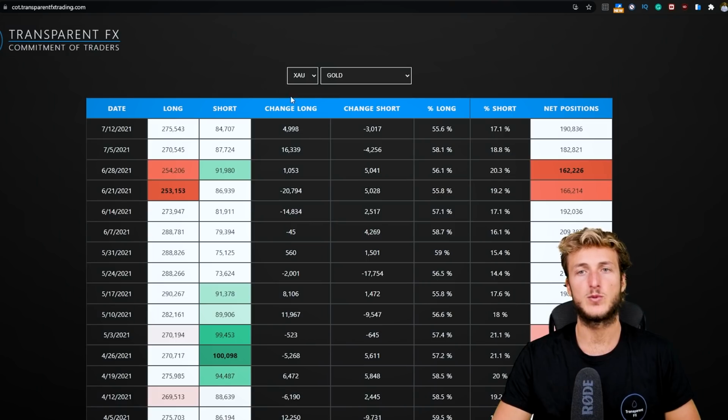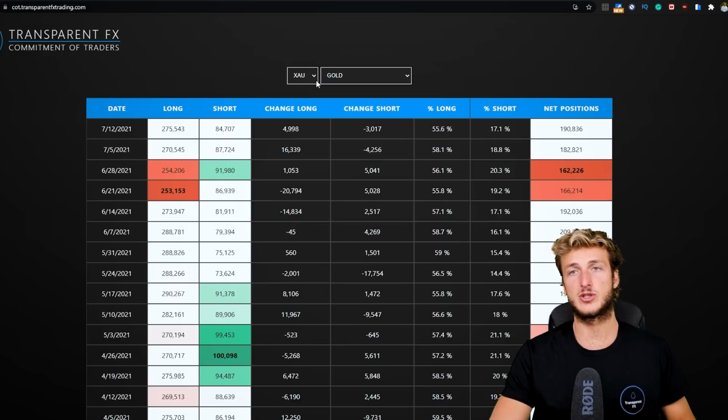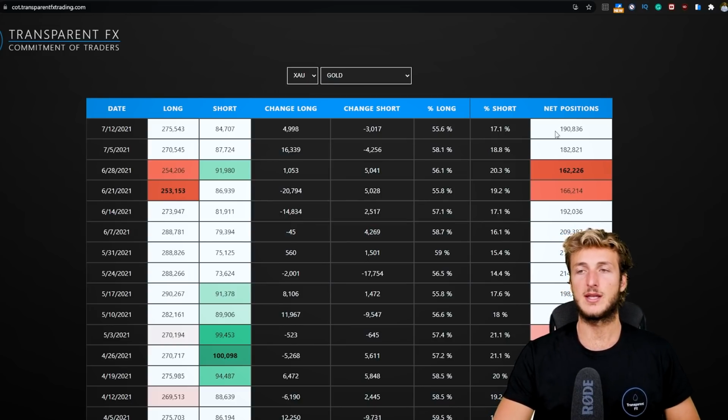Now, if we go and see what we have from a COT perspective, which is basically what the non-commercials in the market are doing, we can see how lately on gold net positions have been increasing. We went from having 162k net positions up to having 190k net positions, with 4.9k longs getting added with the last report and 3k shorts getting closed.